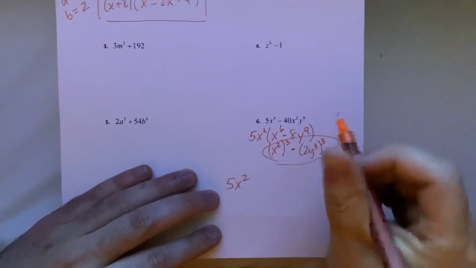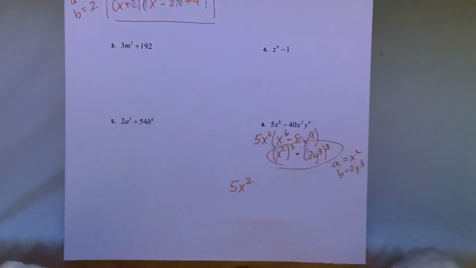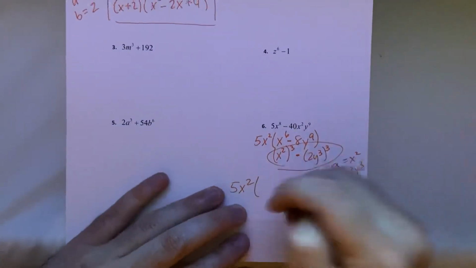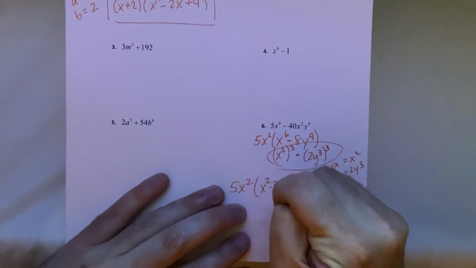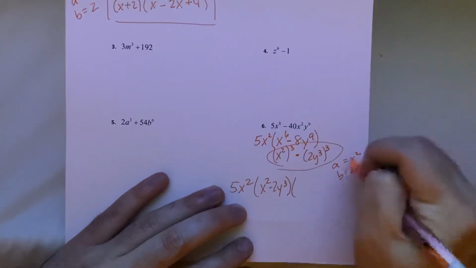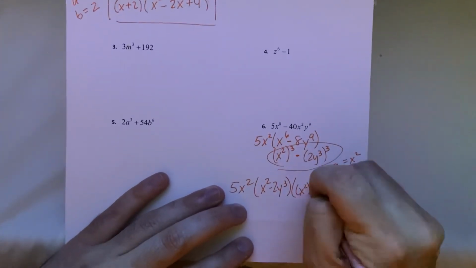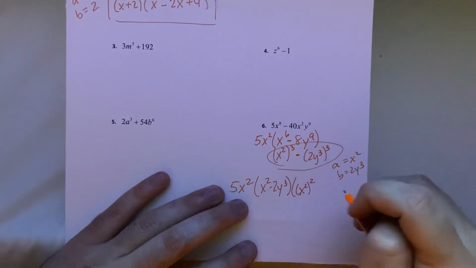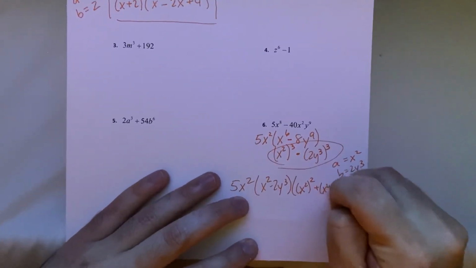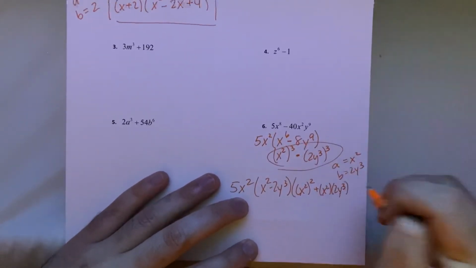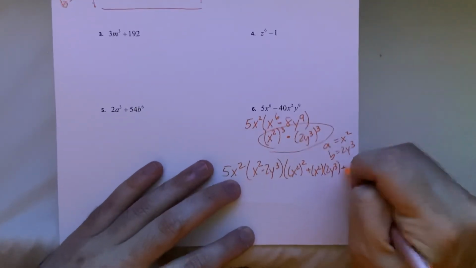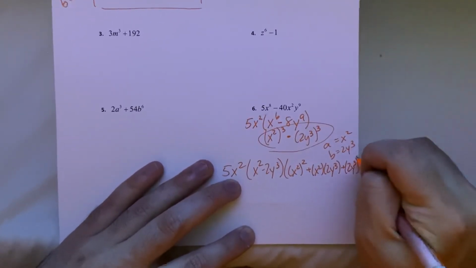There's a minus sign in the middle, so we're going to use the difference formula. So a minus b, so x squared minus 2y cubed, times a squared, so that's x squared squared, plus ab, so plus x squared times 2y cubed, plus b squared, which is 2y cubed squared.